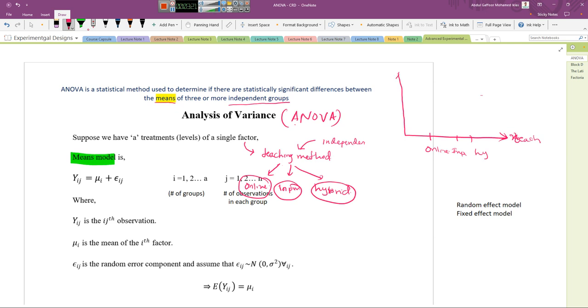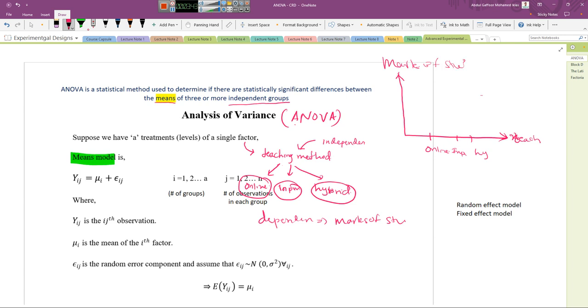Now on the y-axis we are going to label our dependent variable. Here our dependent variable may be the marks of students.